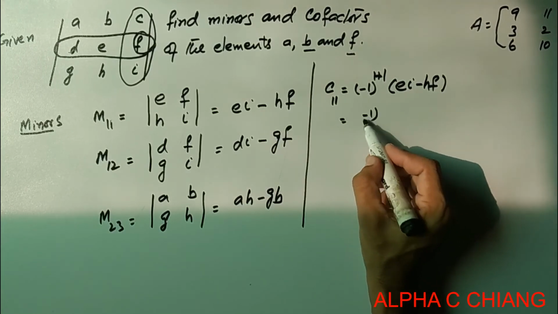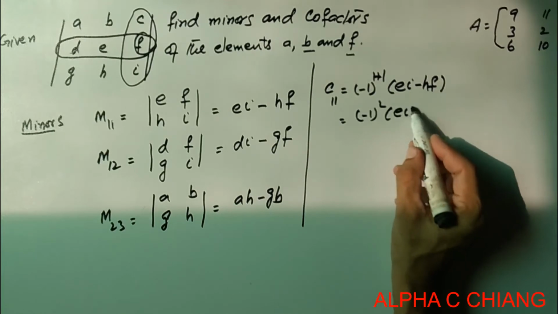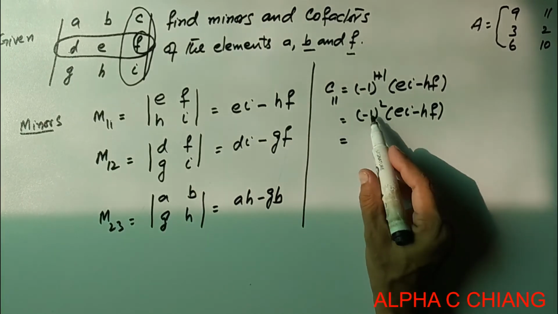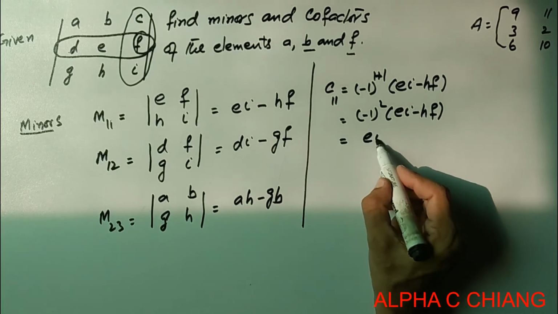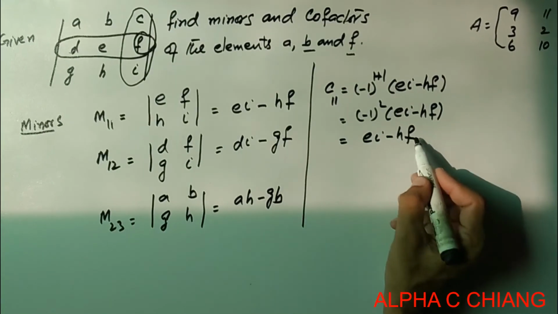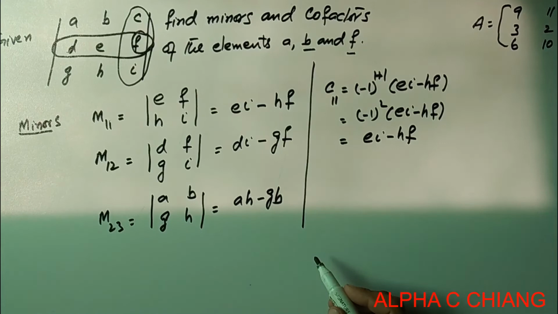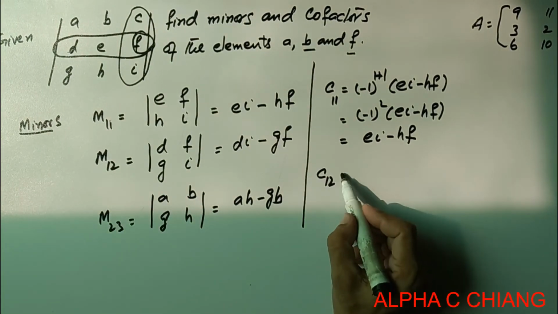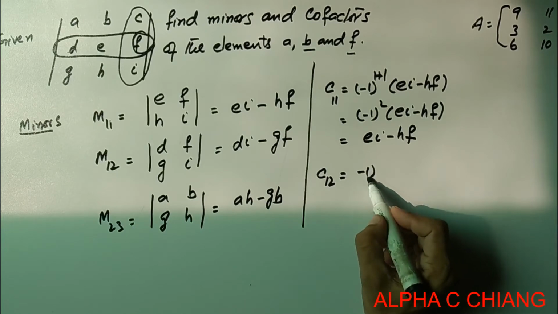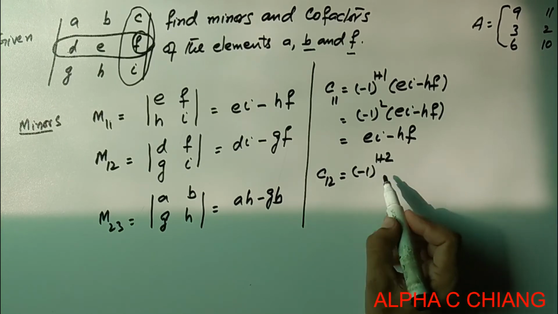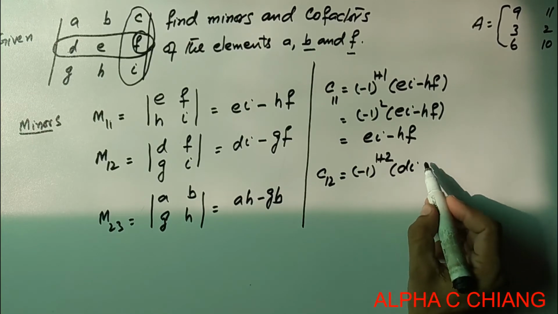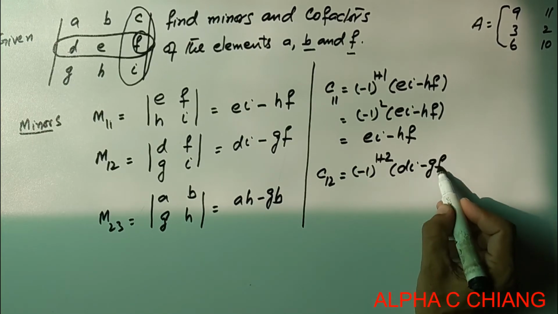So minus 1 raised power 2 EI minus HF. So the result will be positive, so EI minus HF is the cofactor of C11. Similarly, I have to solve C12: minus 1 raised power 1 plus 2, and the answer of the minor, that is DI minus GF.